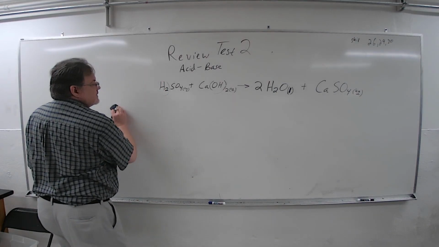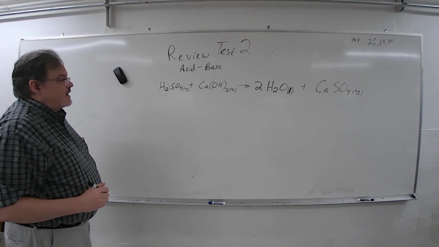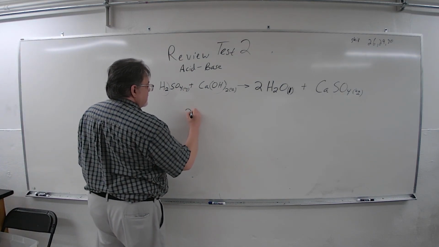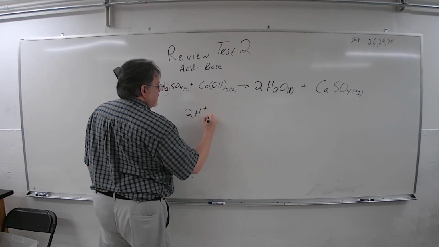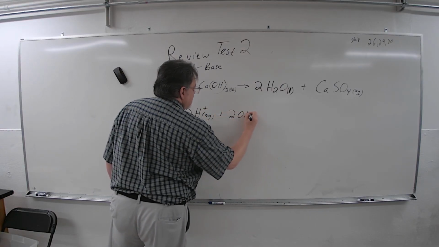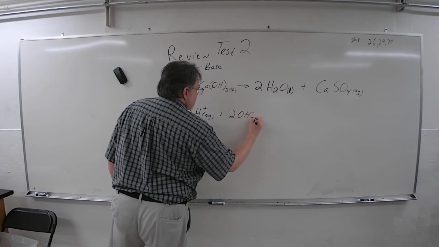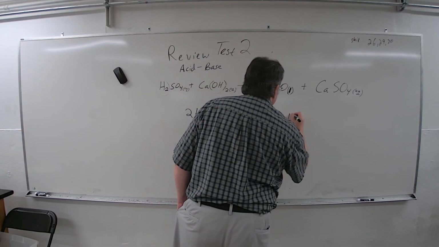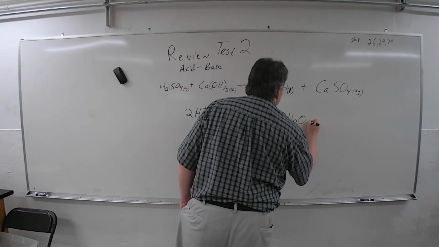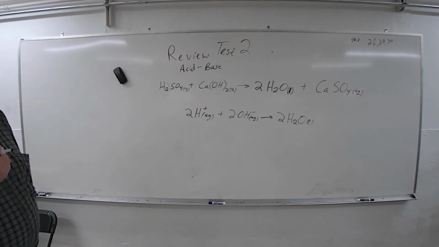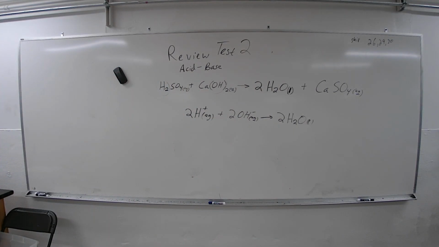If you wanted, you can do complete and net ionic equations. The net for this is going to be... I think if I ask you for net ionic equations, I'll just do it for the precipitation reaction.